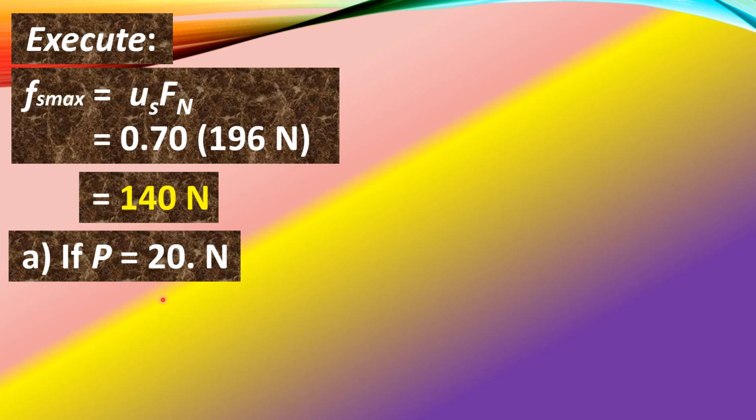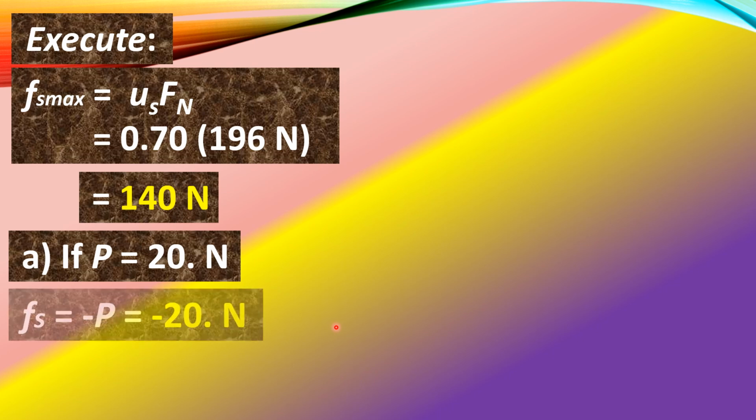But let's start with question A. What is the force of friction on the crate if the horizontal applied force, capital P, is equal to 20 newtons?